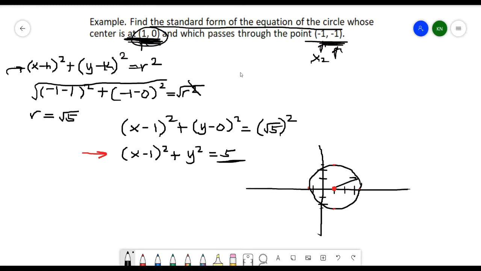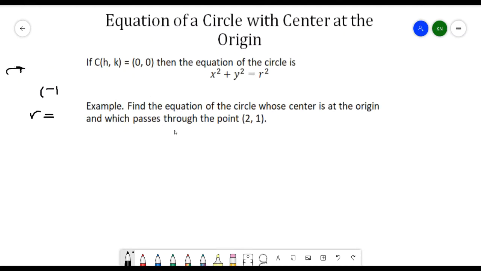So now let's move on to the next topic, which is the equation of a circle with center at the origin. So unlike the previous slides, the center was not plotted at the origin of the Cartesian plane.